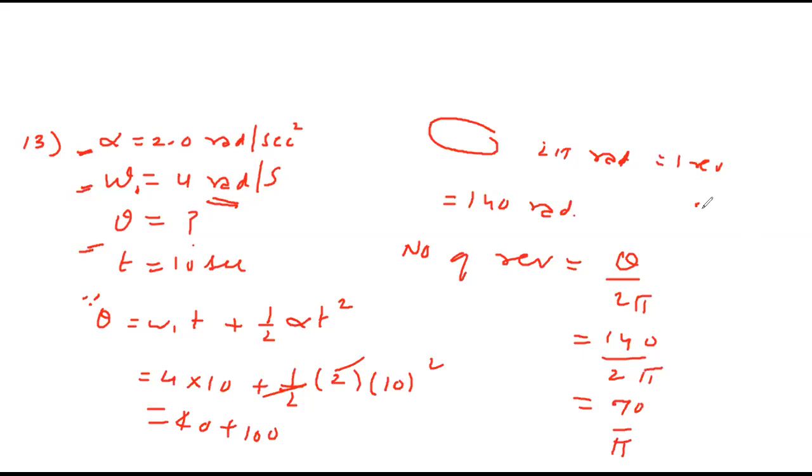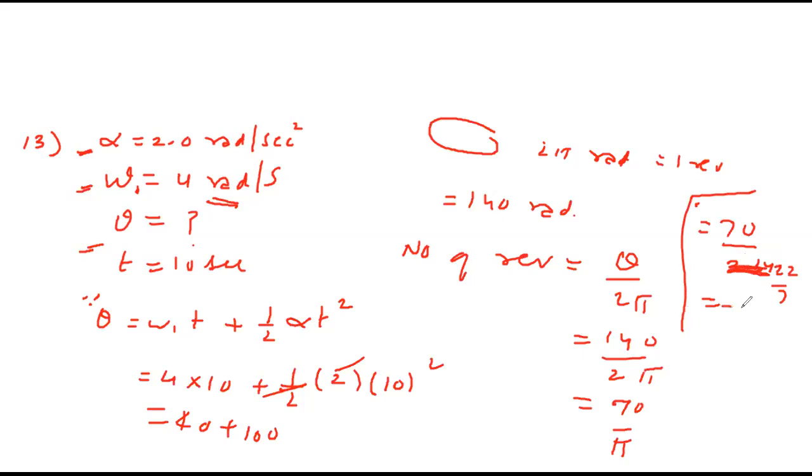70 upon pi approximately how much will it be? 70 upon 3.14. I'm taking 22 by 7 because the answer is very close.